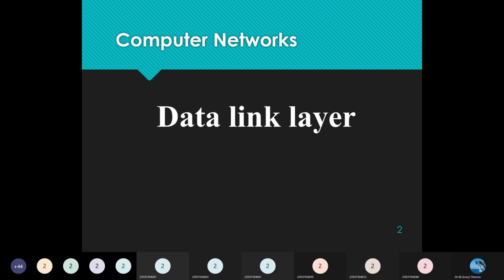Now we are going to see the second layer, the data link layer. It is a very important layer, and one of the complex layers, because it has complicated functionalities and liabilities hidden in it. It has the major role of hiding the details of the underlying hardware and acting as a medium for communication.